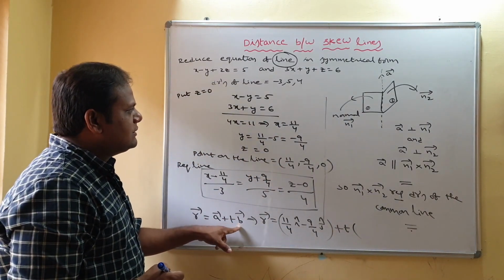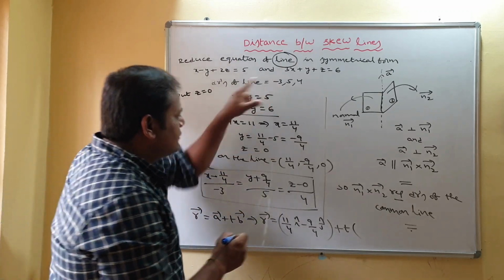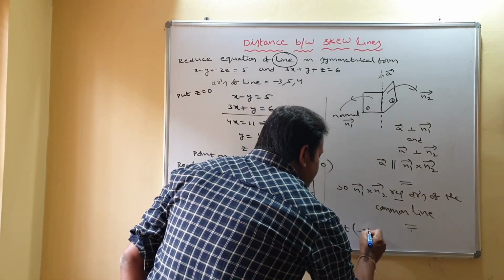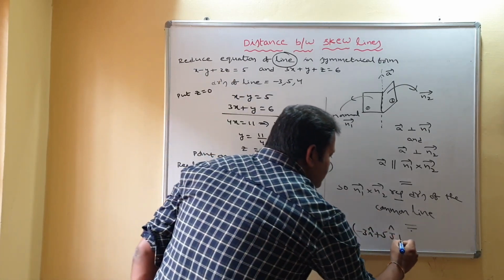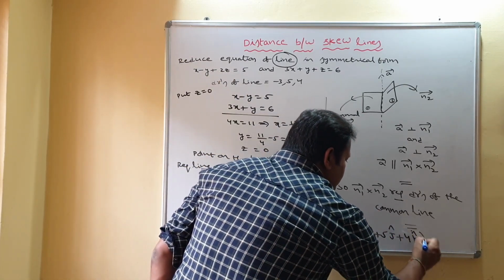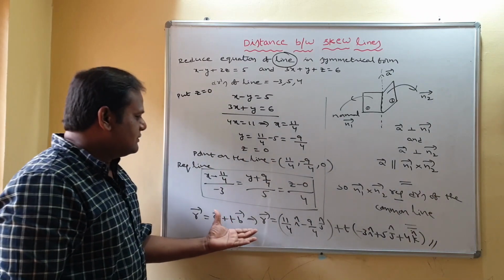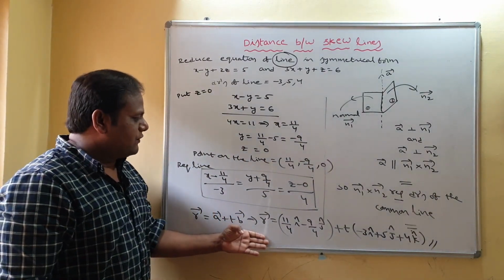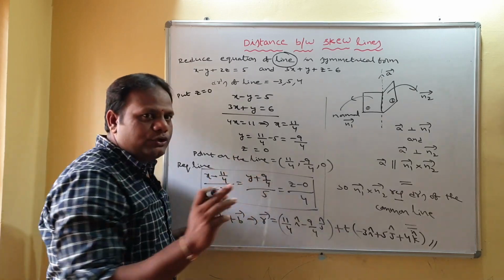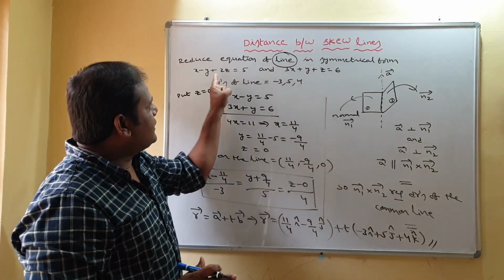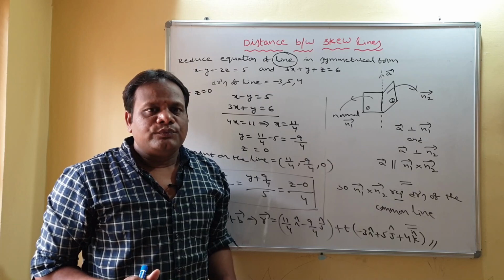B bar represents the dr's of the line, those are minus 3 i cap, 5 j cap, 4 k cap. So this is the equation of the line in vector form, and this is the equation of the line in Cartesian form. So try to understand this by taking two plane equations.